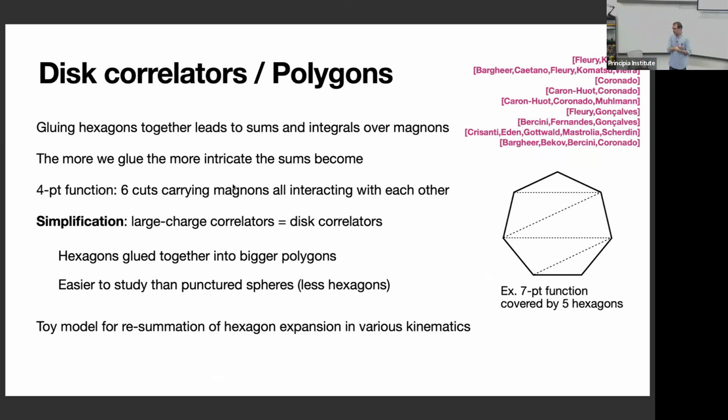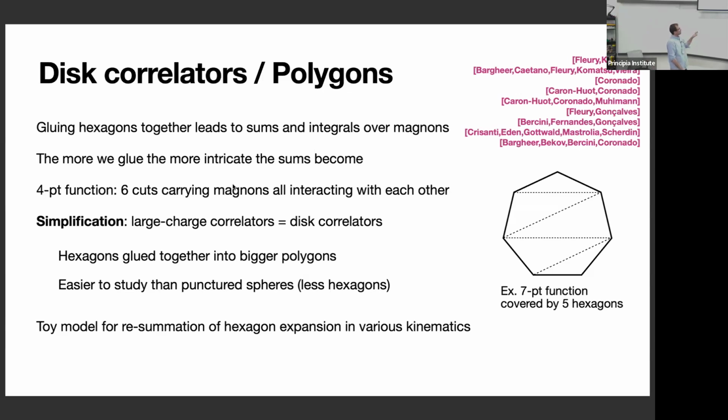So there are other quantities that are often under study, which have the topology of a disk. They are called polygons. They are just obtained by gluing hexagons together, but on a disk instead of on a surface. The physical case will be the surface eventually, at least if you are interested in single trace operators.